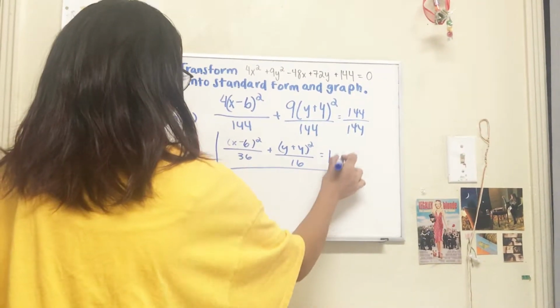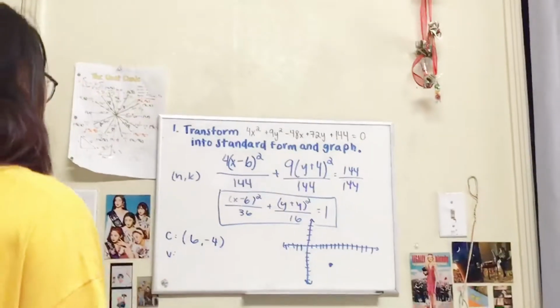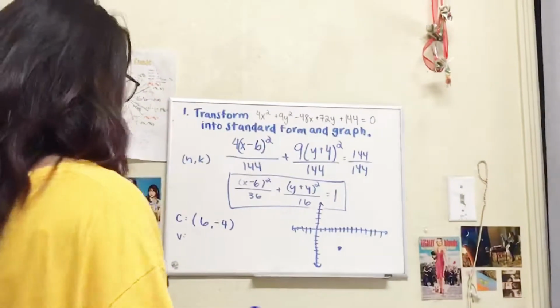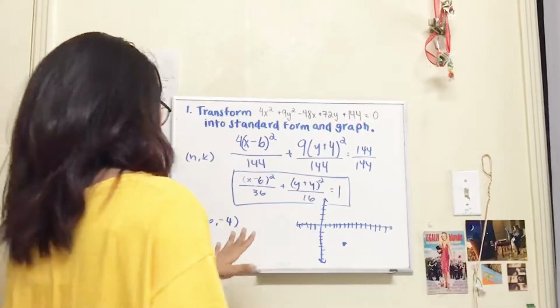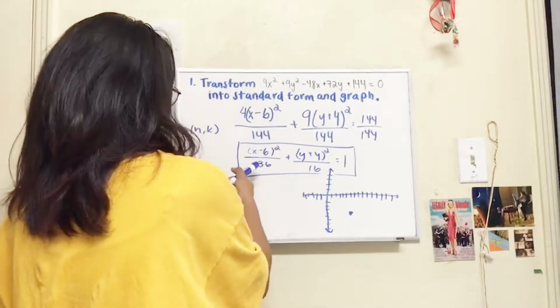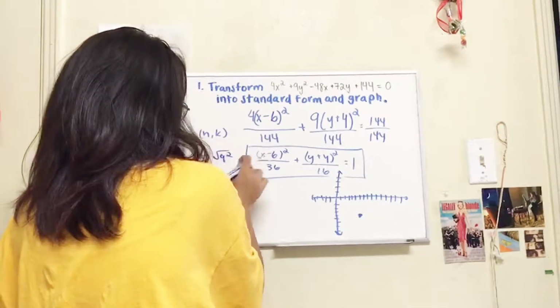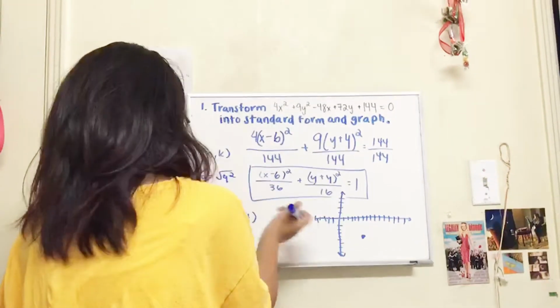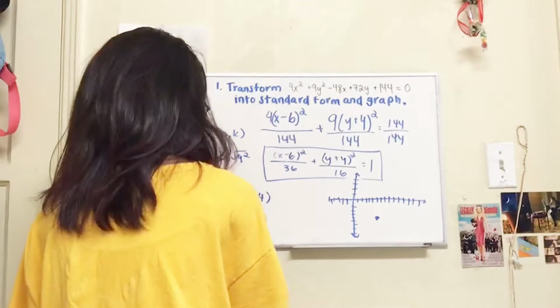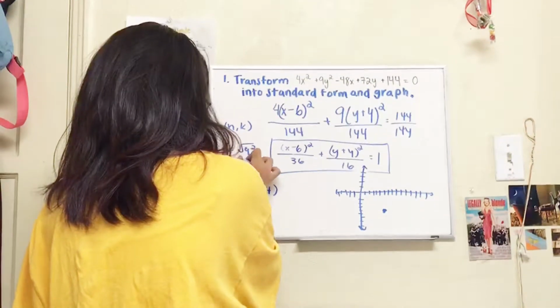So, in order to graph, now we must find our vertices, and in order to find our vertices, we take the a value, where a is equal to the square root of a squared, and our a squared is 36, so if we take the square root of 36, a is 6.